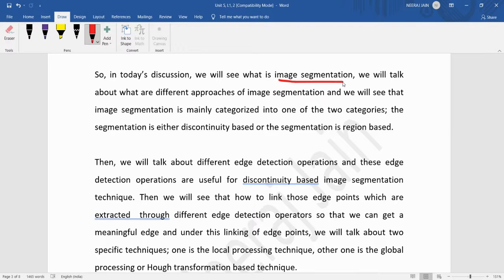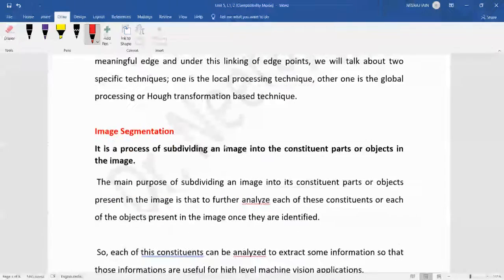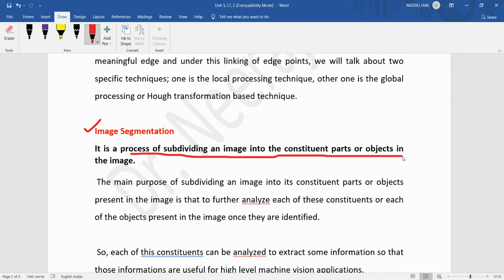We will first see what image segmentation is, and we will also talk about different approaches of image segmentation. We can say image segmentation is the process of subdividing an image into its constituent parts or objects. Breaking an image into smaller pieces is called segmentation of the image.